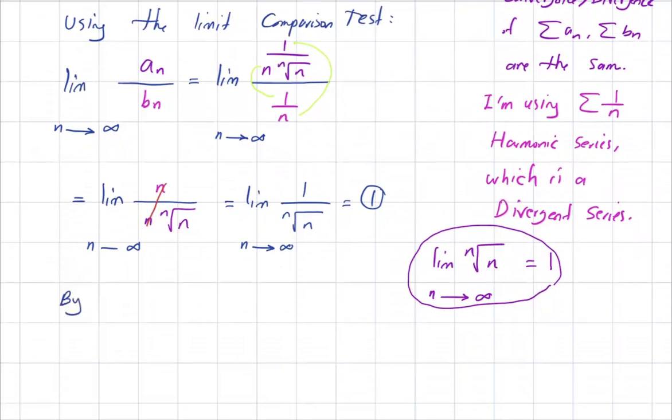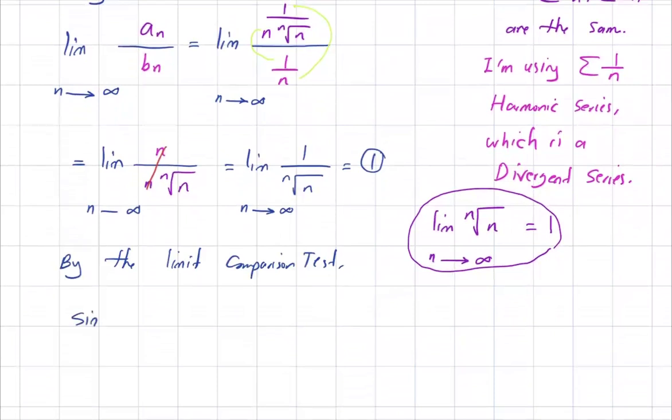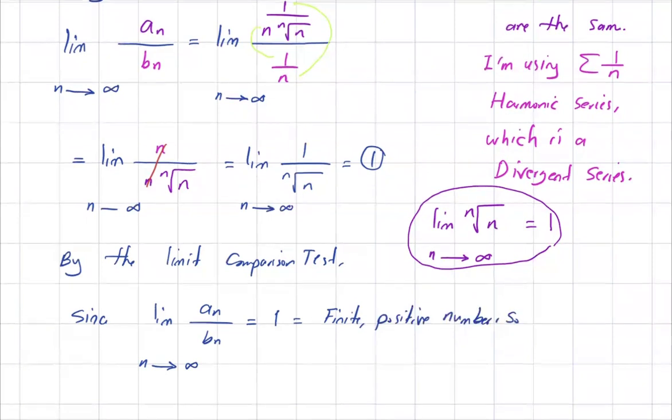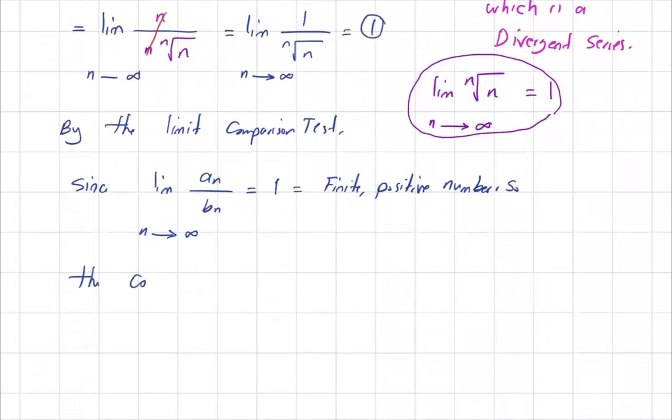By the limit comparison test, since the limit of an divided by bn as n goes to infinity is equal to 1, which is a finite positive number, the convergence and/or divergence of series an and series bn are the same.